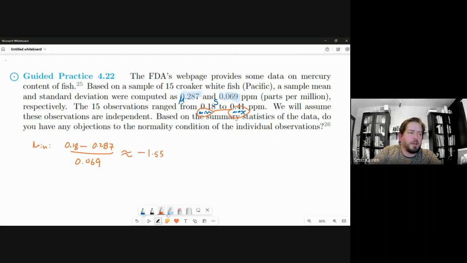And if I look at my max and do the same thing, I've got 0.41 minus 0.287 over 0.069, so that is 1.78-ish.